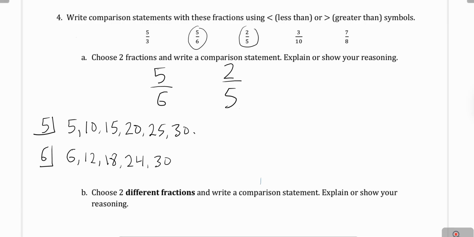So we can see that 30 is a common denominator between 5/6 and 2/5. So I want 5/6 to have a denominator of 30. And I want 2/5 to also have a denominator of 30.